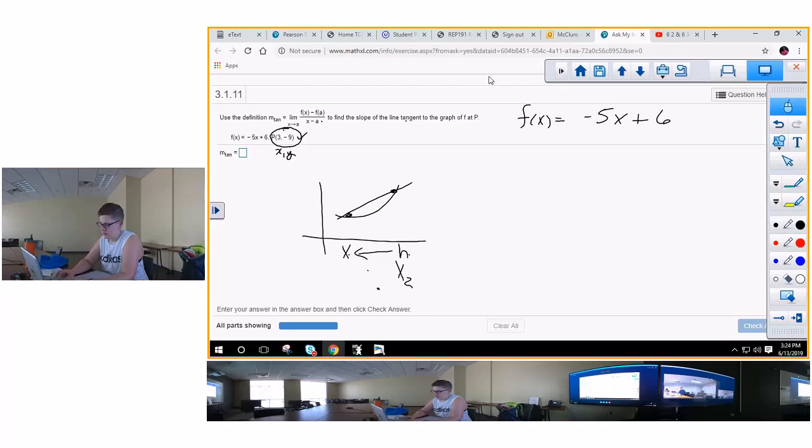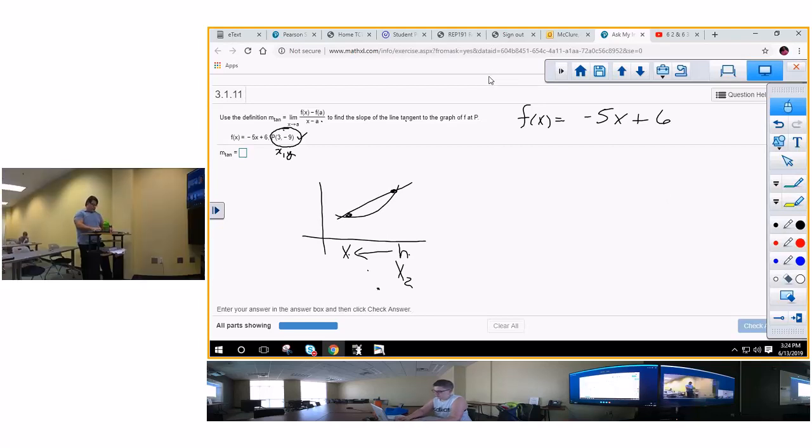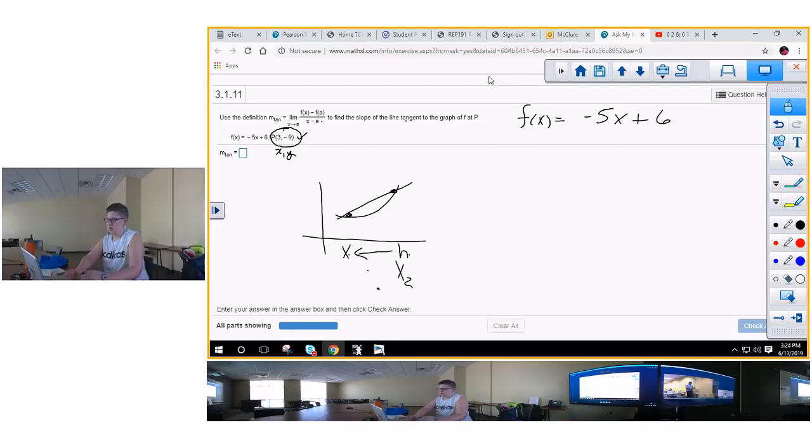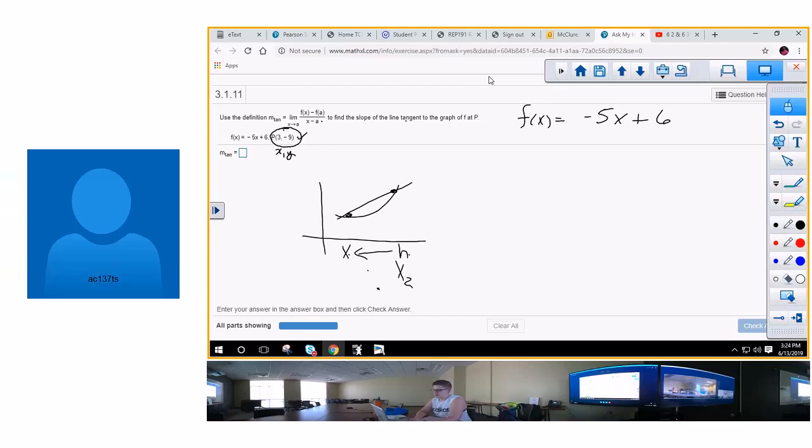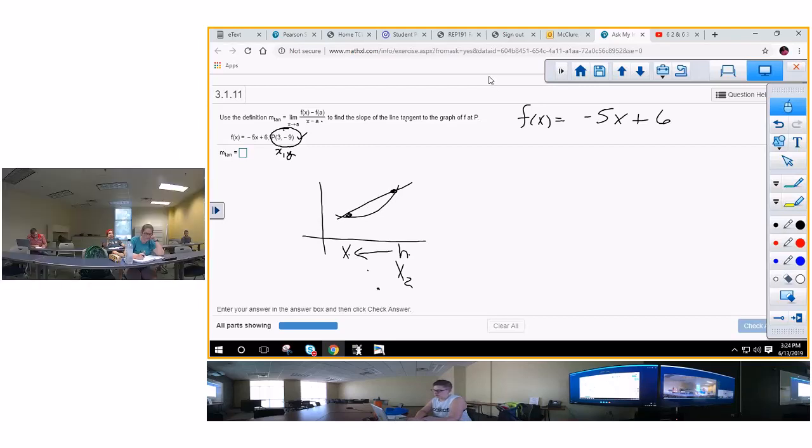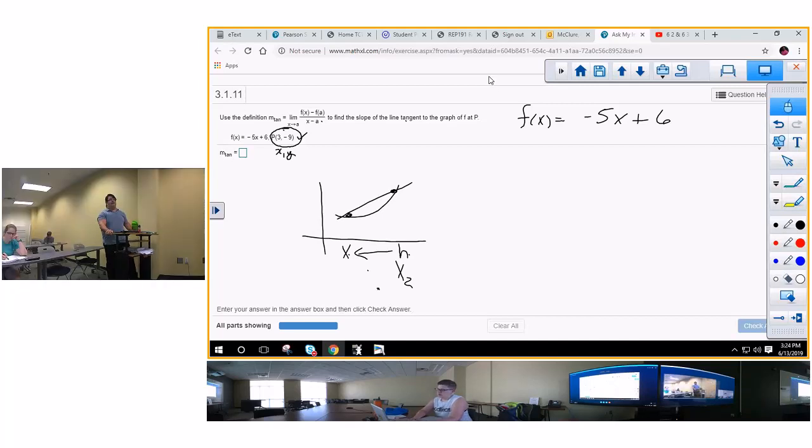So what do we do? Plug the x of the point in for a, and then you solve to figure out what the equation is. So you take 3. If you plugged in 3 for x, you plug in negative 9 for y, which is f of x.